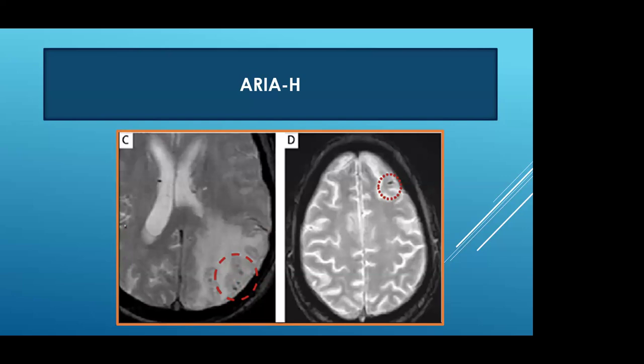Is there any circle or parenchymal location? It's always low. Microhemorrhages are always going to be lower. If you see microhemorrhages subcortically, or at any other level, those don't count initially.